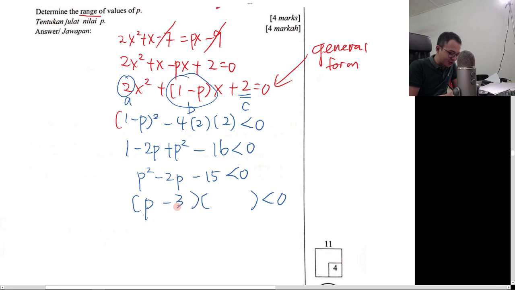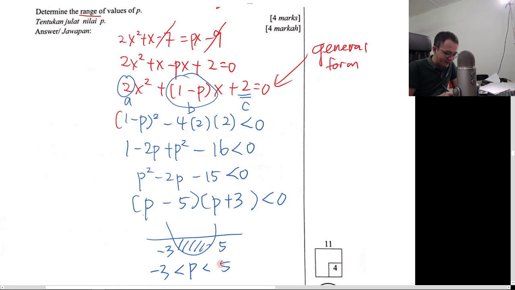This is (p minus 5)(p plus 3). Because it is less than 0, you should know inequality, this is 5 and negative 3, right? Less than 0 is in between. So p must be between negative 3 and 5. Alright, this is how we get the range here.